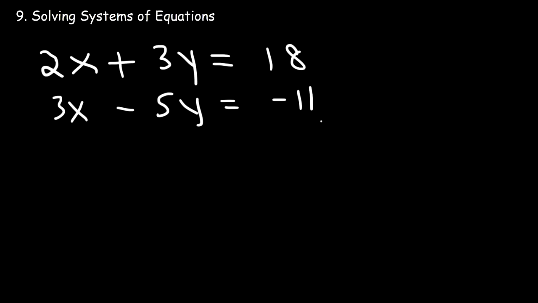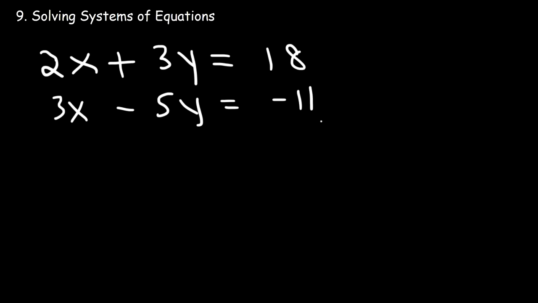So we have two equations and two variables. If there are three variables, you need three equations to solve it. How can we find the value of x and y in this example? Let's use the elimination method, also known as the addition method.